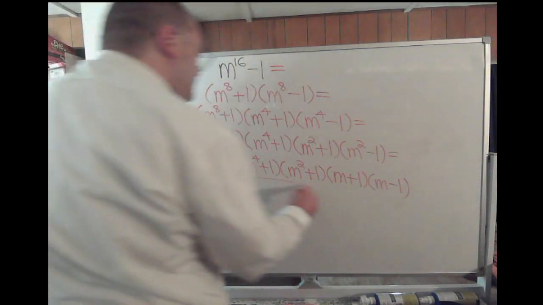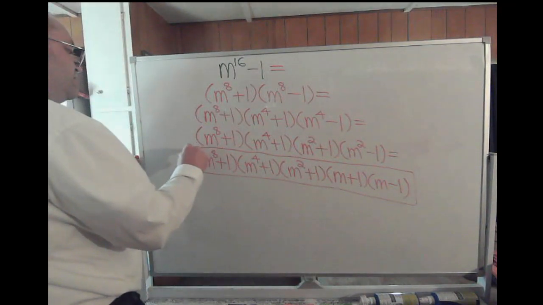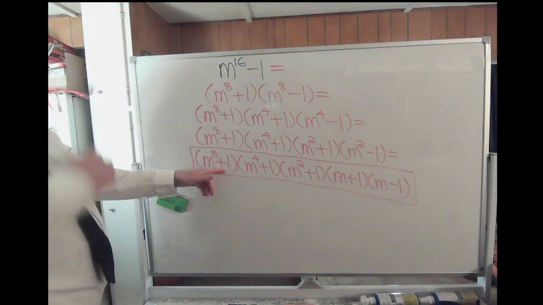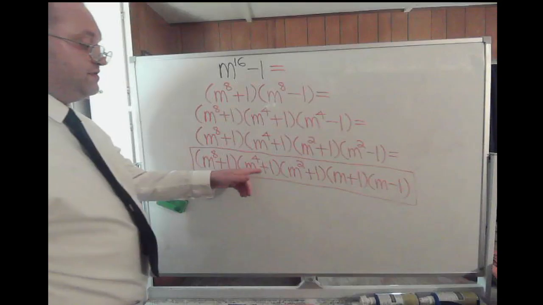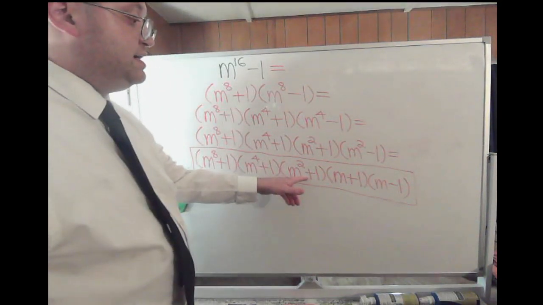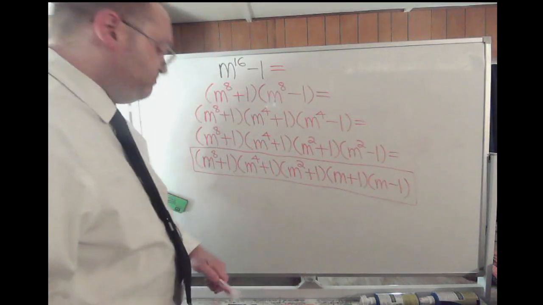So the answer you should get for your factorization of this problem would be the quantity of m to the 8th plus 1 times the quantity of m to the 4th plus 1 times the quantity of m to the 2nd plus 1 times the quantity of m plus 1 times the quantity of m minus 1.